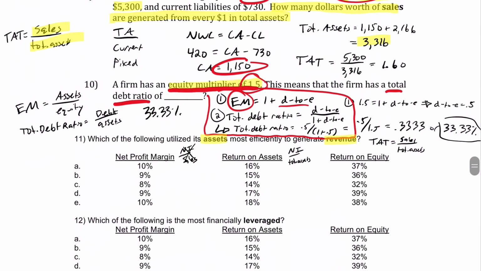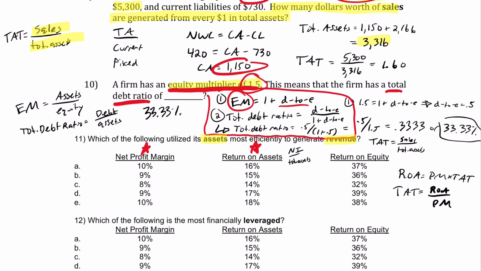So utilizing the DuPont that says ROA can be broken down into profit margin times total asset turnover, if I isolate total asset turnover, it would be equal to ROA divided by profit margin. So this is simply utilizing the DuPont and the partial DuPont to understand that if I take this ROA and divide it by profit margin, I will get a total asset turnover based on the given information.